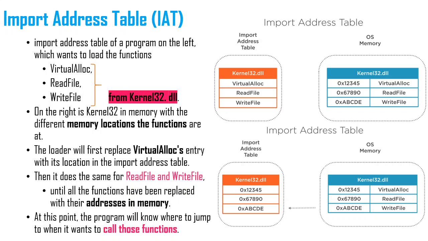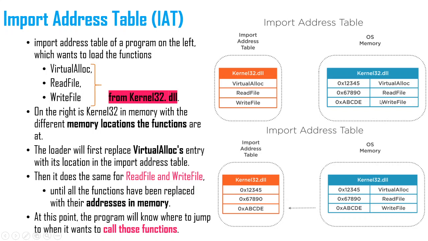This kernel32.dll will be fetched from the operating system where the malicious file is going to execute. For executing this malicious file, it wants to load functions called VirtualAlloc, ReadFile and WriteFile, for example. These have to be obtained from the kernel32.dll file, which is already present in our operating system.